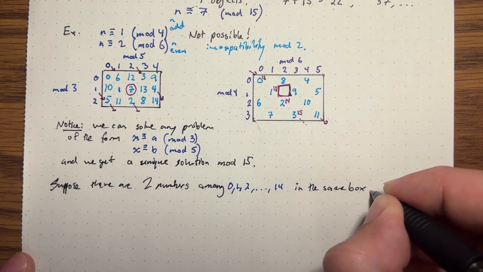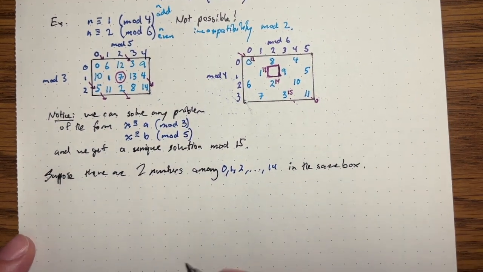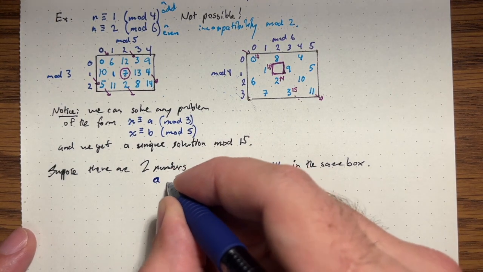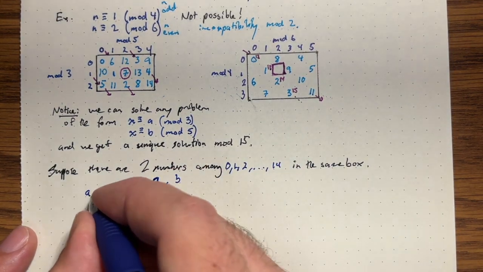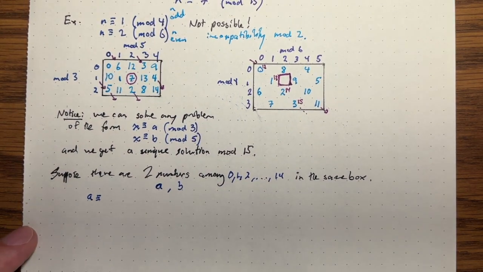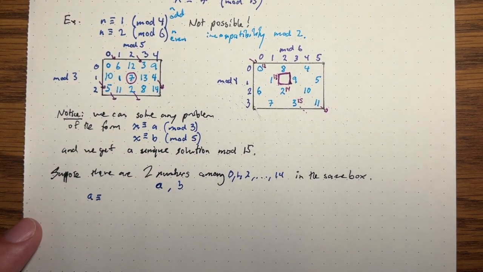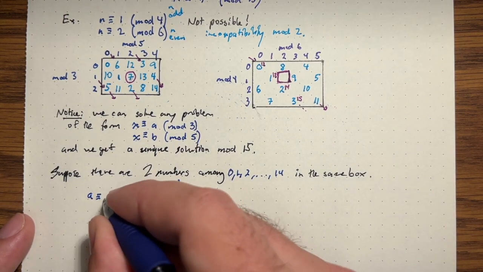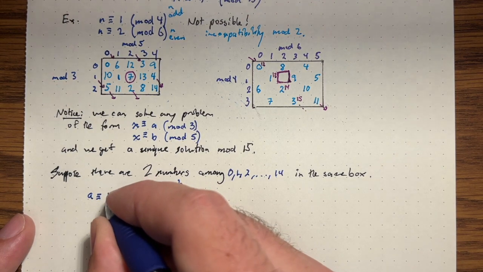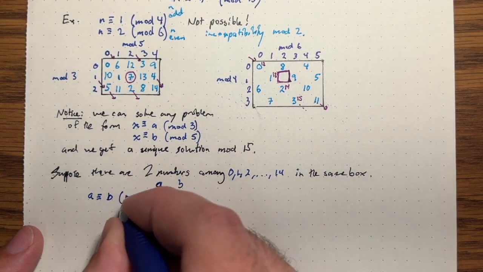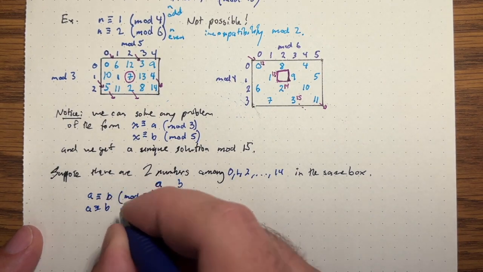Okay, what would that mean? Let's call these two numbers A and B. That would mean that A is congruent to B mod 3, certainly, and A is congruent to B mod 5.